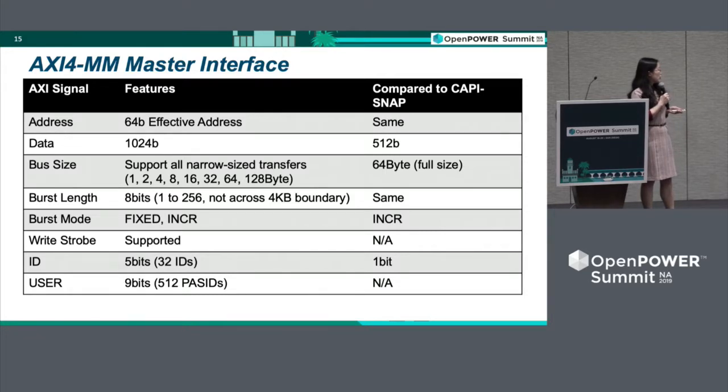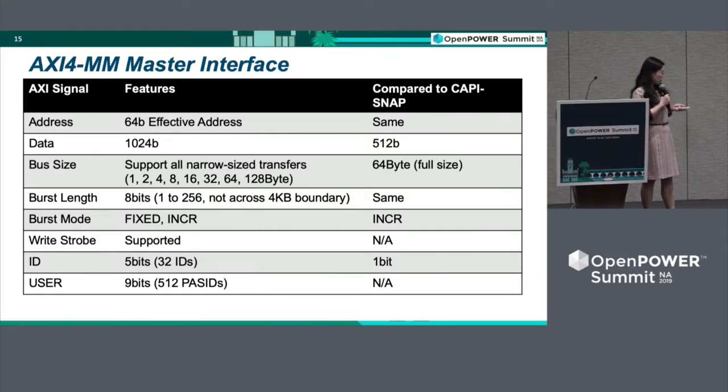We also support write strobe. We also support 5 bits of AXI IDs, that means 32 IDs. If you have 32 engines, you don't need to change anything, and you can get multiple engines working, each using a different ID.